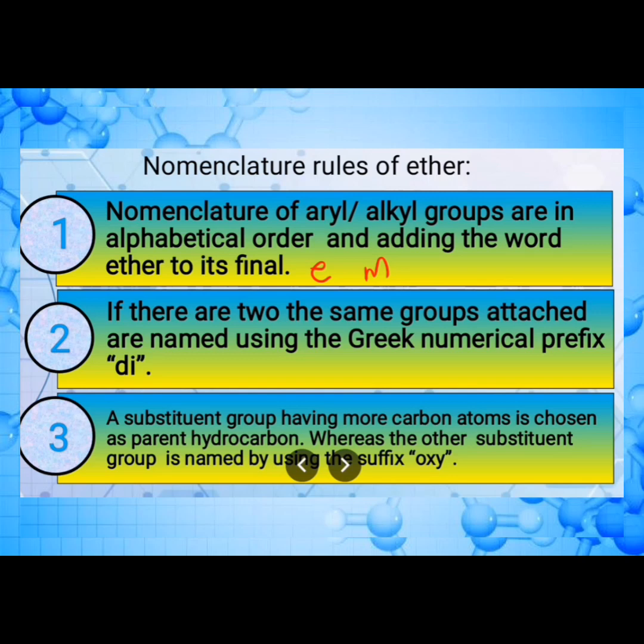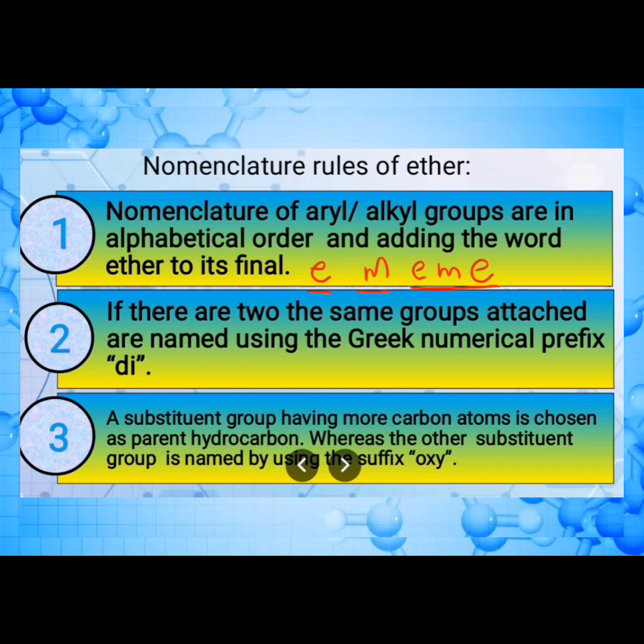Since E comes before M, our ethyl here will be first, and next will be our methyl, and adding the word ether to the end, we have the name ethyl methyl ether. That is the essence of the first nomenclature rule.